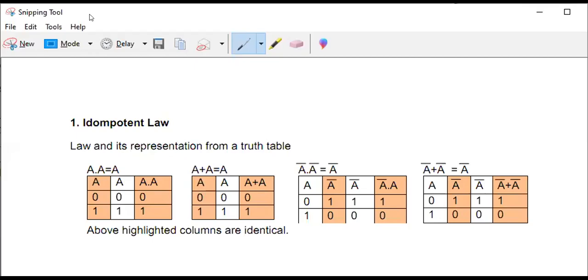Simplification reduces the number of operations and number of logic gates for the implementation.